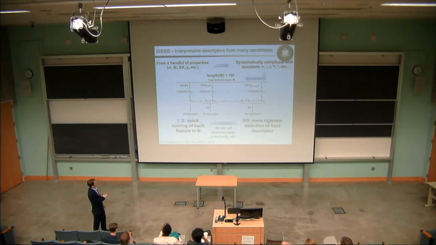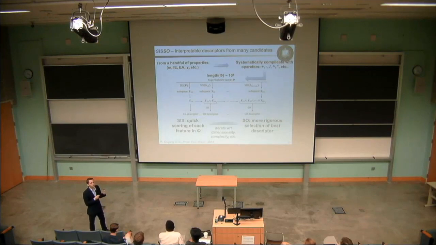So once I have a large set of candidate descriptors, the first step is to perform SIS, or sure independence screening, which just provides a quick metric of how well this candidate feature correlates with the target property. So essentially what I do is I rank every candidate descriptor in this space from 1 to 1 billion using a very computationally efficient metric. So now that I have a ranking, I select some specified subset of that ranking, let's say the top 1,000 of these candidate descriptors.